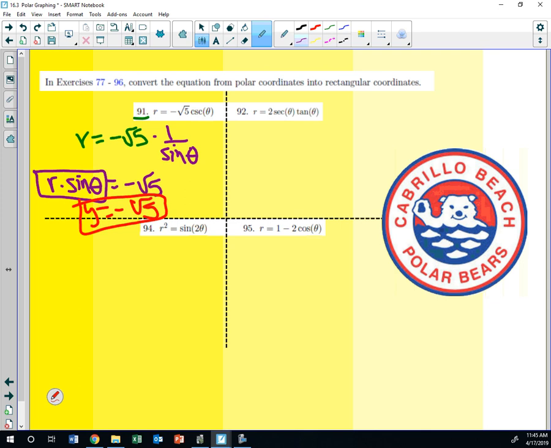Who asked about 92? Sana. Finally we got to yours. So I'm going to help you a little bit here. Secant was 1 over what? Cosine. Good. And tangent was sine over cosine. We're going to start there.